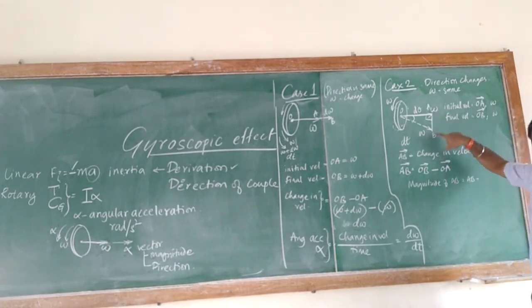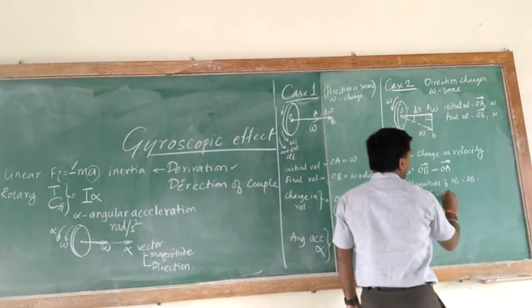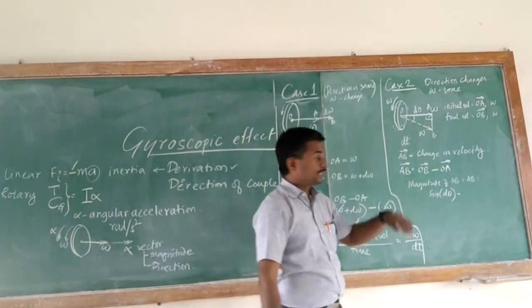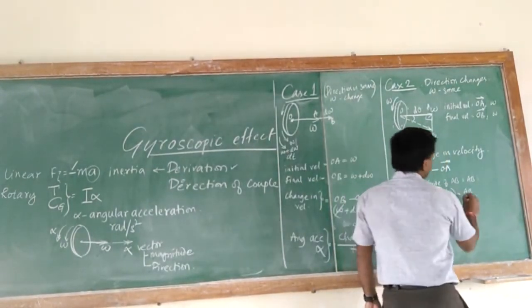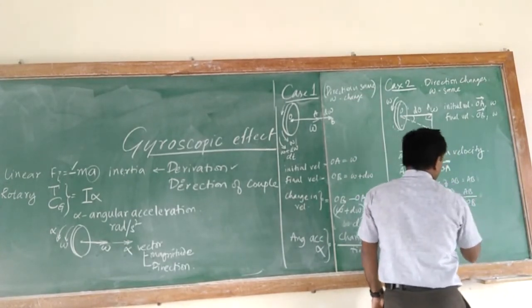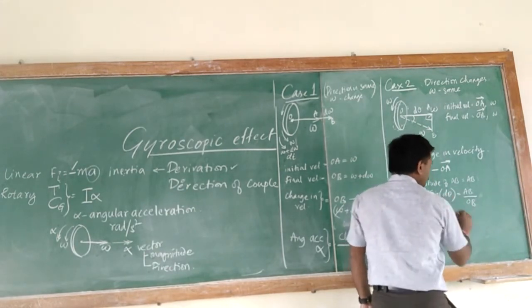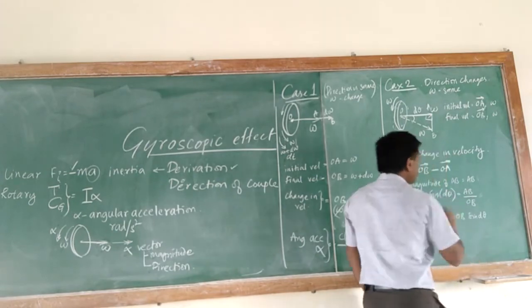We need the opposite, and we know the hypotenuse. Sine d theta equals opposite by hypotenuse, AB by OB. So AB equals OB into sine d theta. What is OB? Omega.